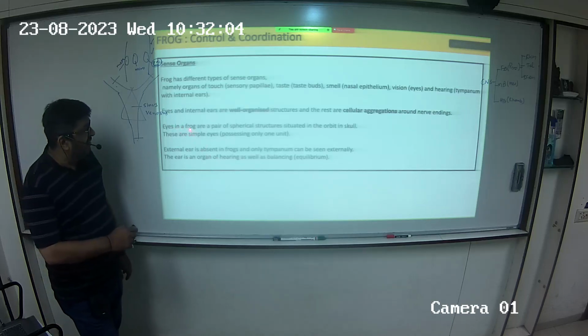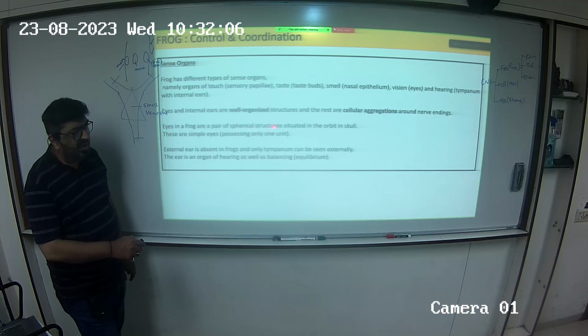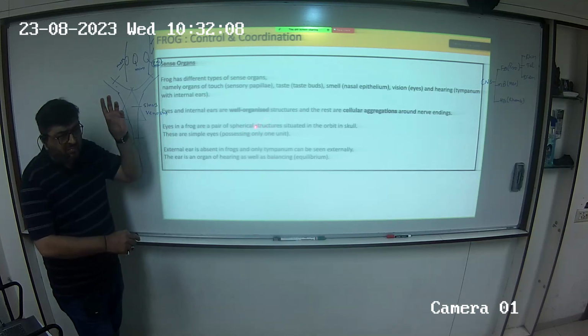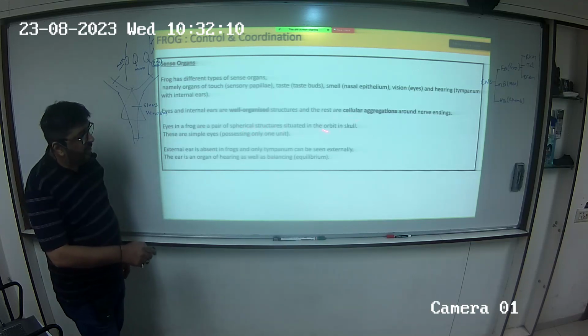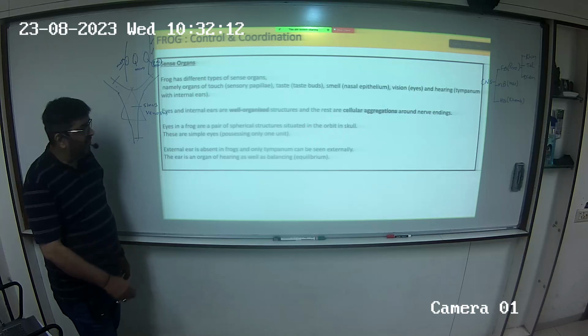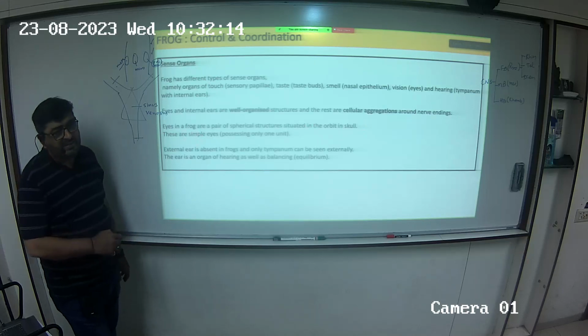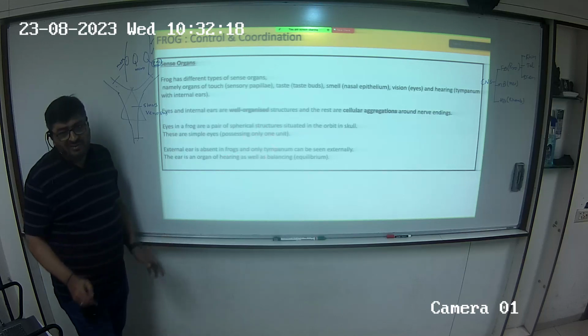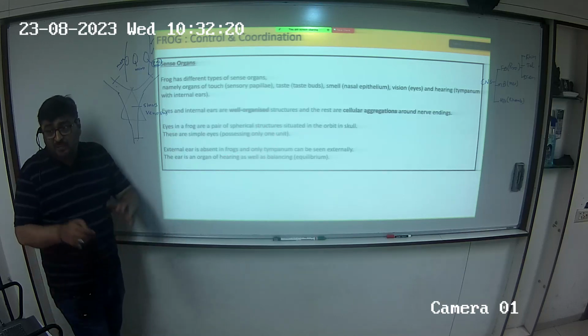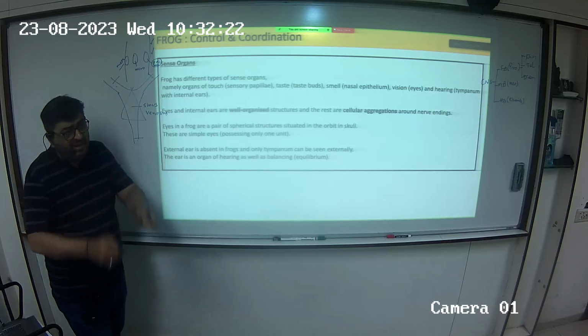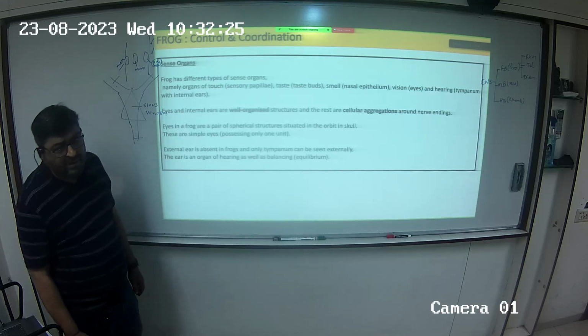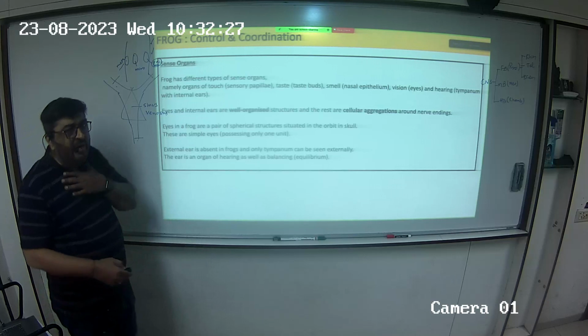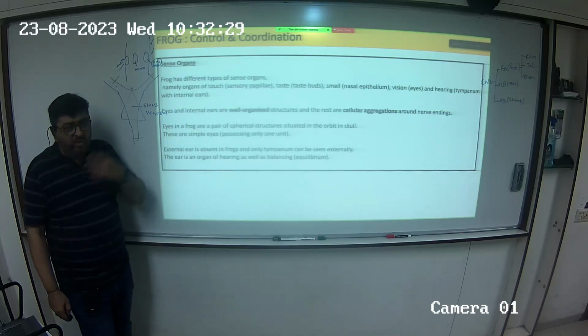Eyes are a pair of spherical structures, globular protruding eyes, situated in the orbit in the skull, and they are simple eyes, possessing only one unit, not 2000. Multiple units functioning as one eye is a compound eye, ommatidia. So what kind of eyes do we have? We have simple eyes because it's a single unit.